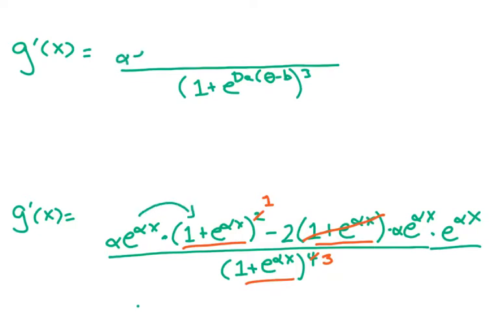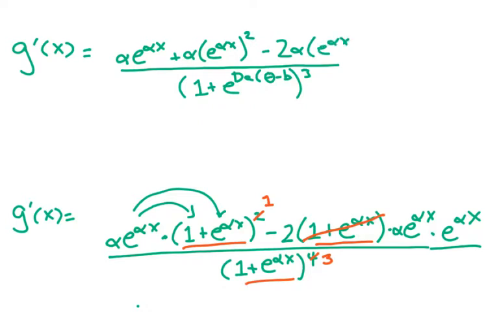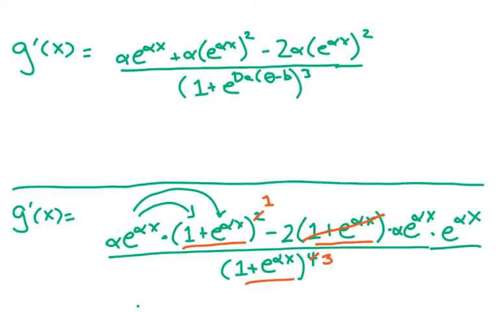I will get alpha e to the alpha x plus alpha times e to the alpha x squared minus 2 alpha e to the alpha x squared. And then we notice that I have one of these and I'm subtracting off 2 of these.